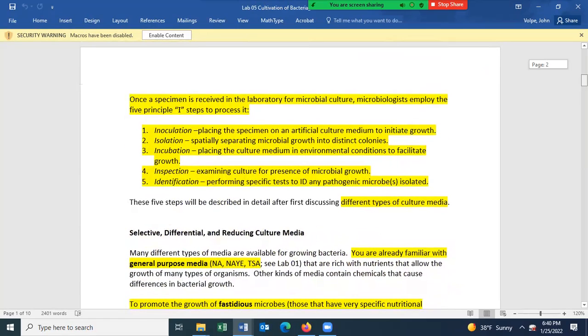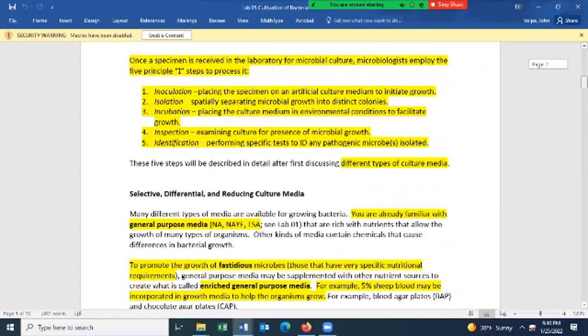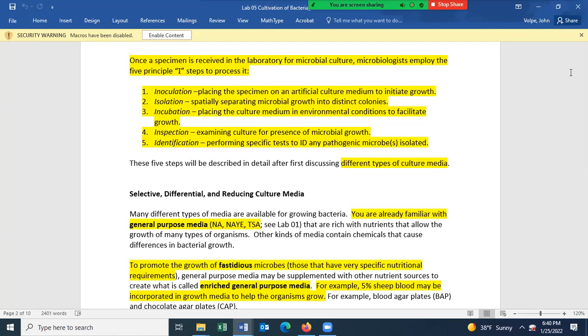Once the specimen is received in the lab for microbiological culture, microbiologists employ the 5 principal I steps to process it. First, inoculation, placing the specimen on artificial culture media to initiate growth.